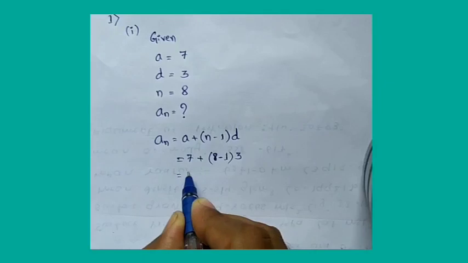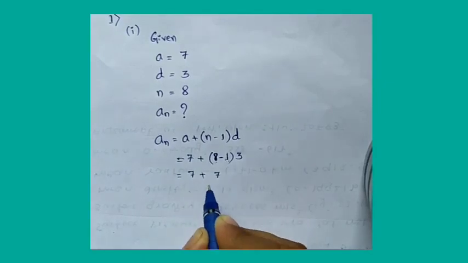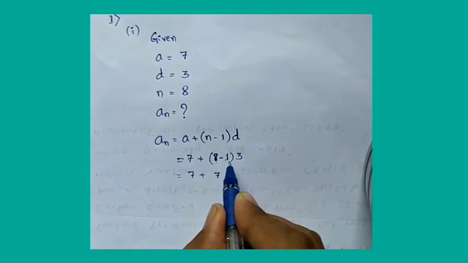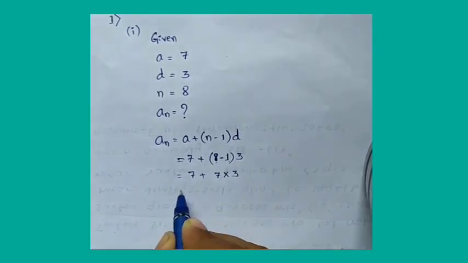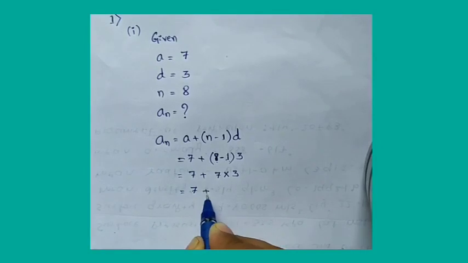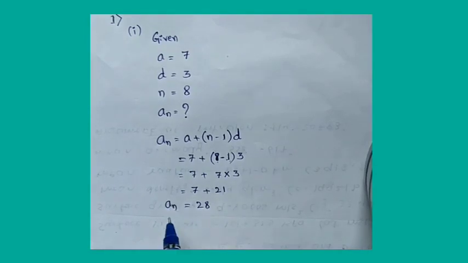First open the bracket. 8 minus 1 means 7. The bracket means it is multiplication, so 7 into 3, it will be 21. 21 plus 7, here we will get 28. Our nth term is 28.